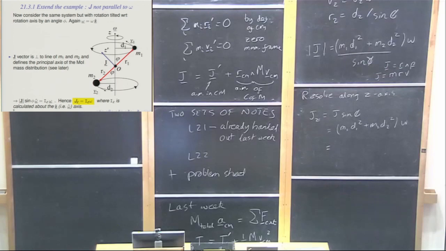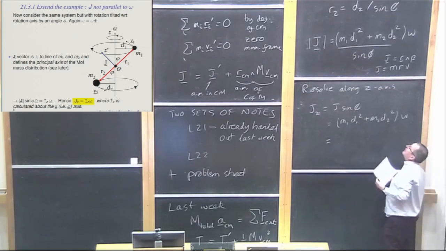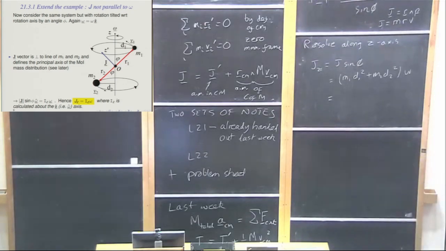So we get D squared, but only one sine phi. Sorry, as I was writing it down, I was hesitating because something looked odd to me, but it's right.